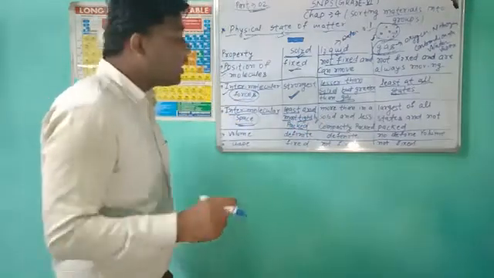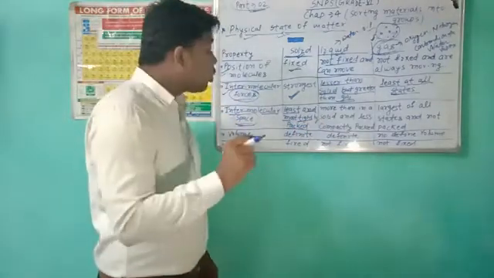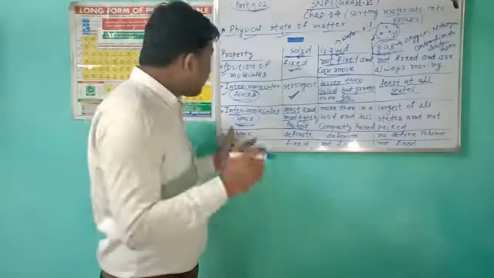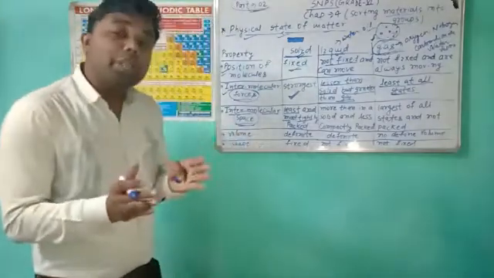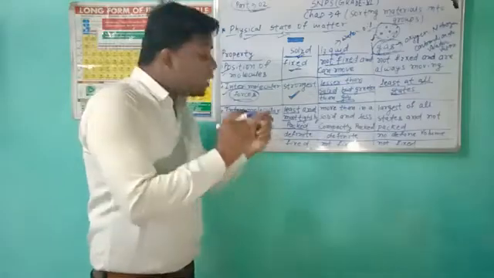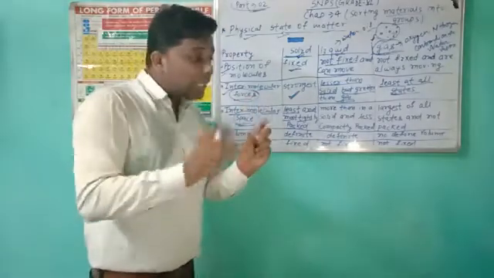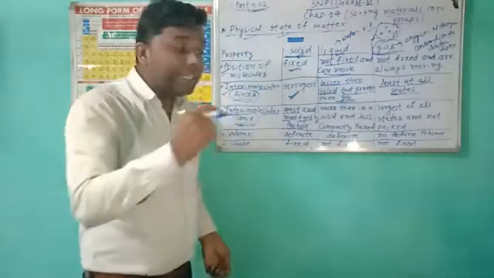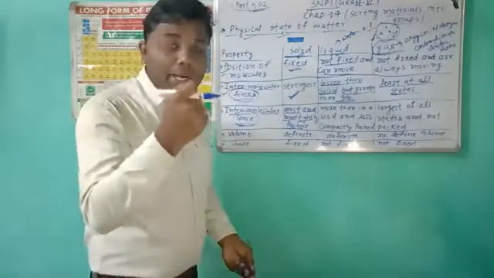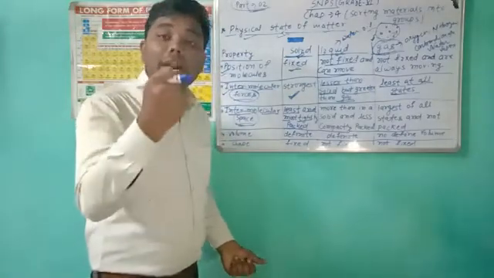If we talk about an iron rod or a chalk, the intermolecular space of iron is very least, because it is tightly packed and it has a perfect, rigid, hard shape.